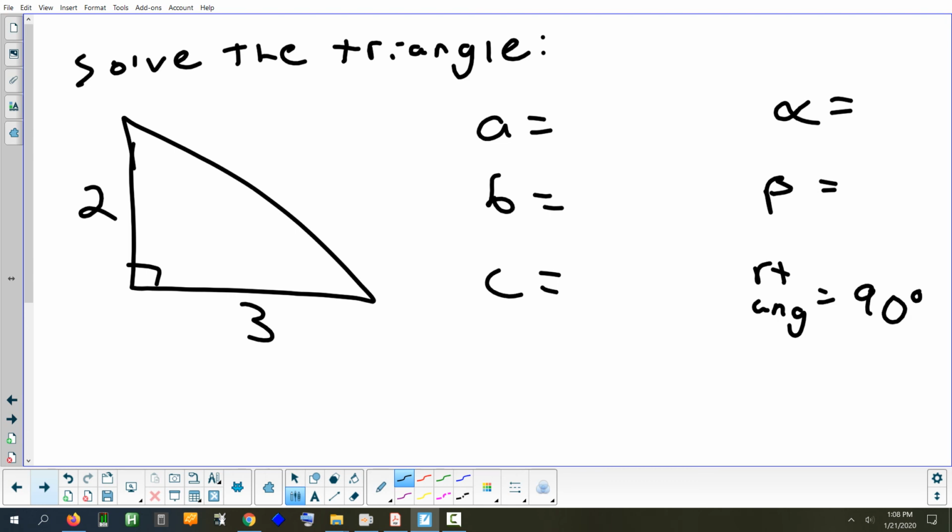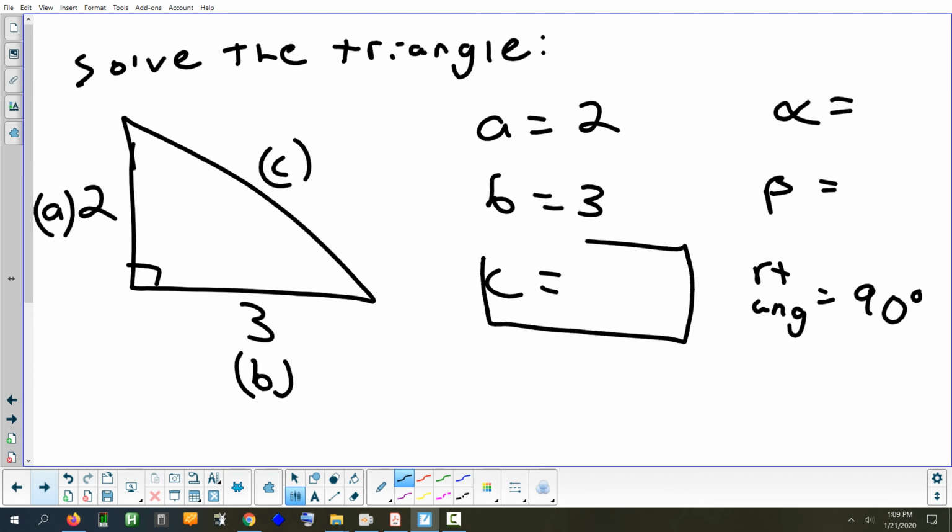In this diagram, which side is A and B doesn't matter. I'm going to call this side A. I'll call this side B. And that means this side is C. So A is 2. B is 3. C, I don't know, so I'm going to put a box around it because I have to find it.